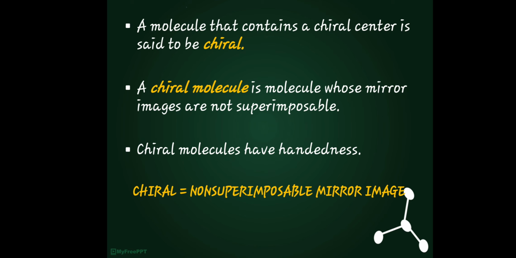So meaning to say, any chemical formula or structural formula that is a non-superimposable mirror image is chiral, or a chiral molecule. So always remember what a chiral molecule is, okay?